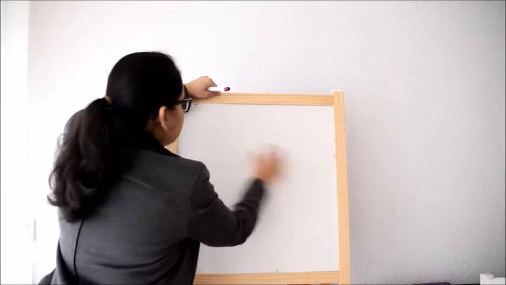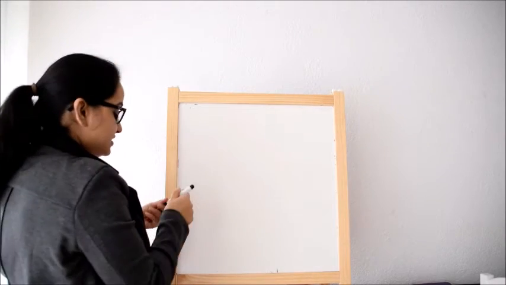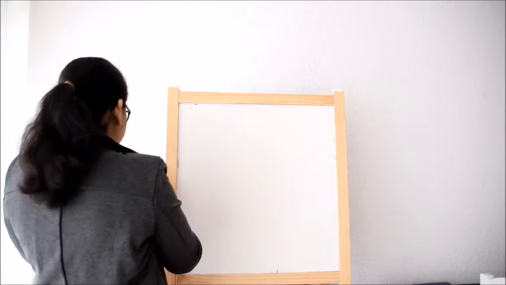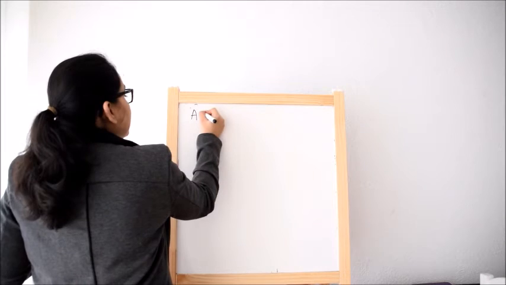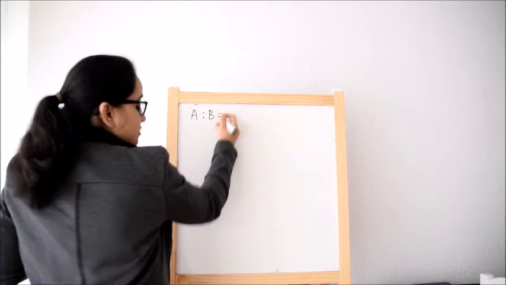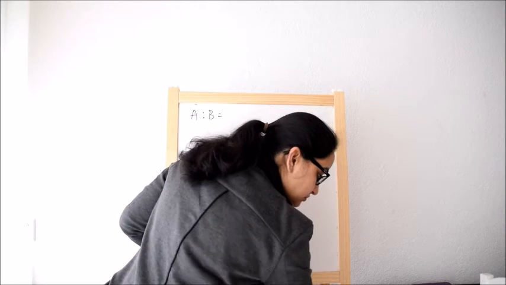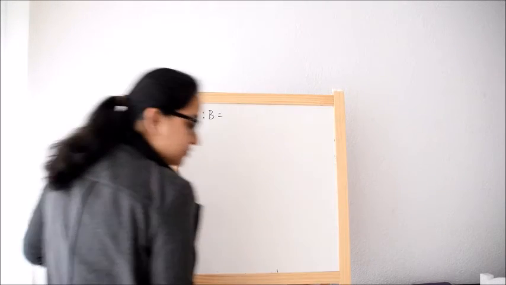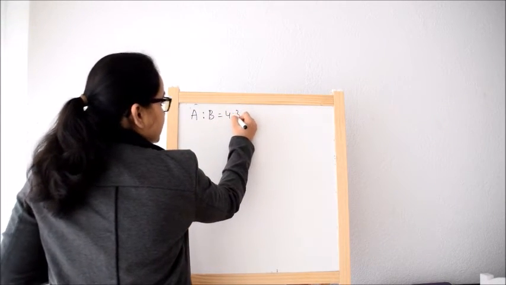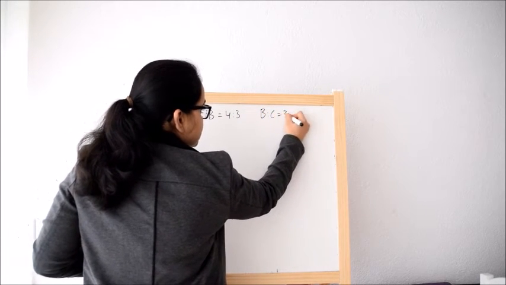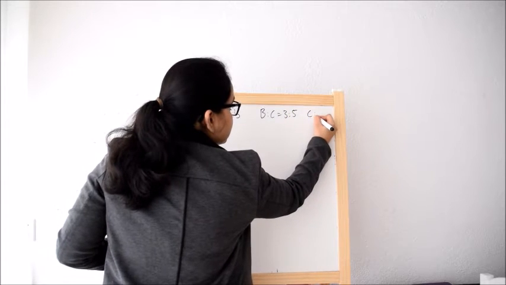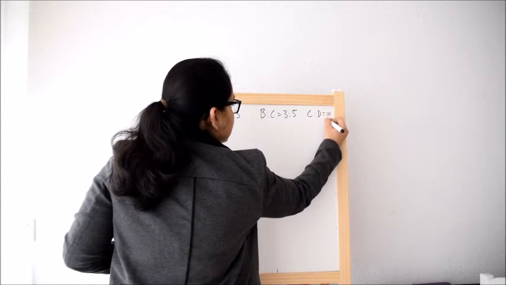Okay, now the problem says that A is to B is how much? Just a minute, I'll see the question. A is to B is 4 is to 3, B is to C is 3 is to 5 and C is to D is 10 is to 9, right?